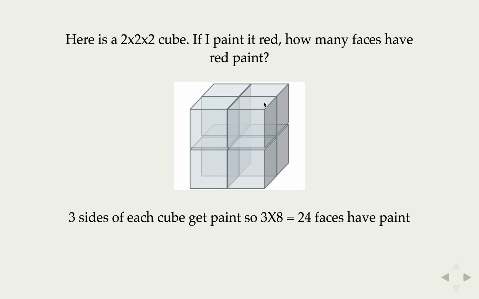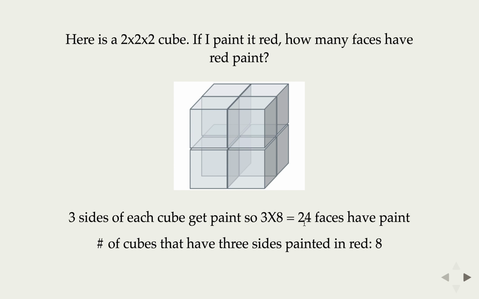All right. So we notice that in this case, 3 outside faces are painted in red. When we look at each of the unit cubes, they all have 3 sides painted in red. So in total, we have 24 faces with paint.